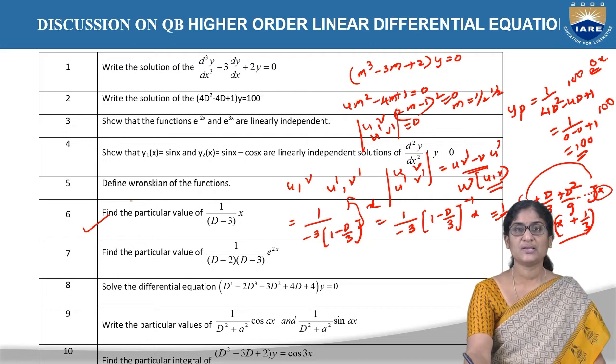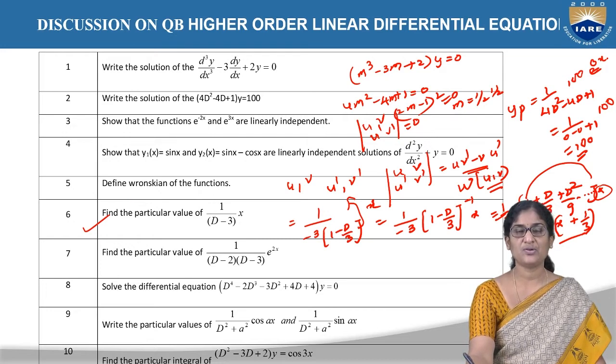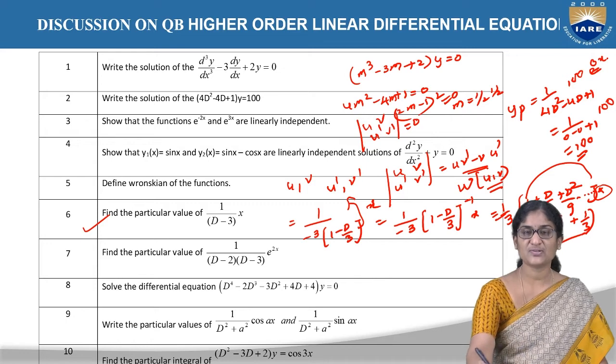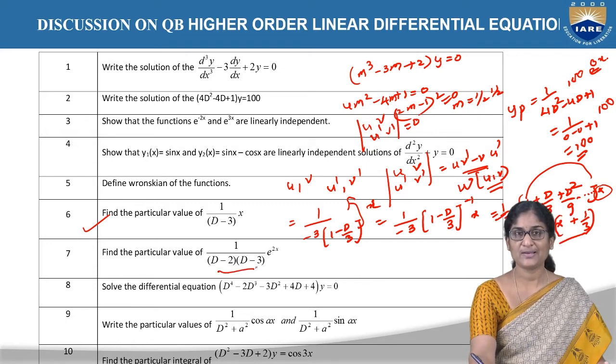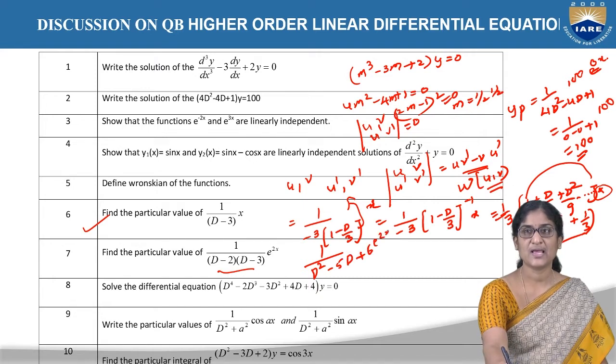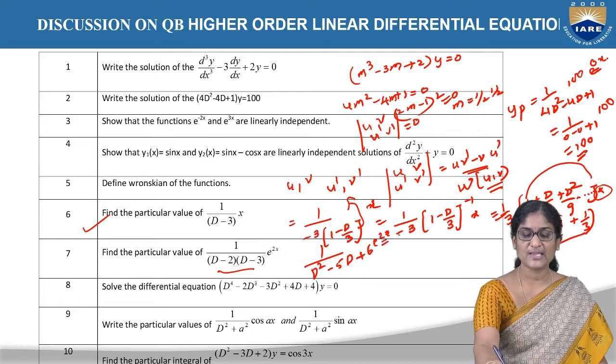Now going to the next question, find the particular integral of 1 by (D minus 2)(D minus 3) into e to the power of 2x. We can either find the partial fractions and get the answer, or directly multiply the two, that is D square minus 5D plus 6, into e to the power of 2x, and substitute D equal to 2.